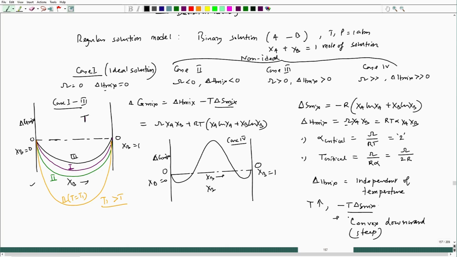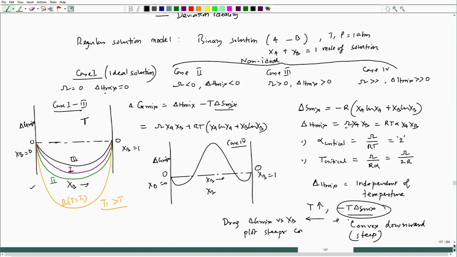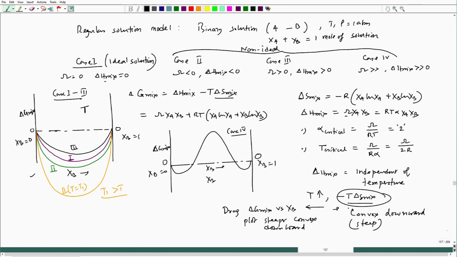So, this particular one will drag the delta G mix versus x b plot steeper convex downward, fine. So, that is what we have learnt also.